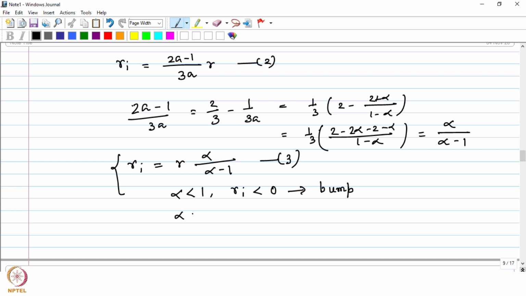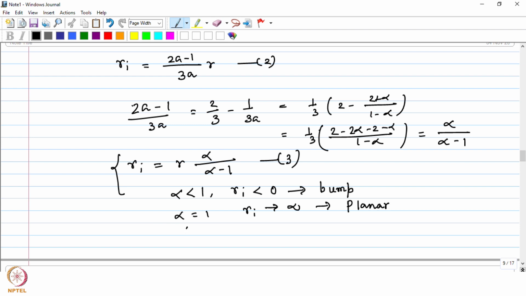When alpha is equal to 1, then Ri tends to infinity, which means it will be a planar interface without any curvature.